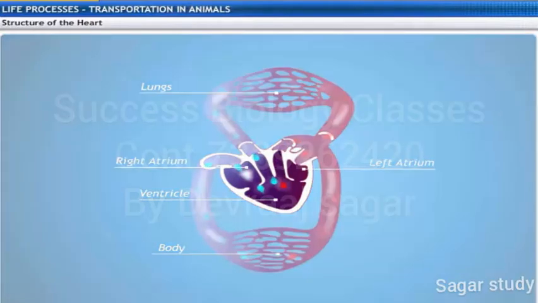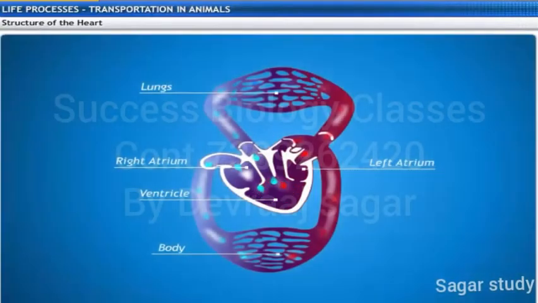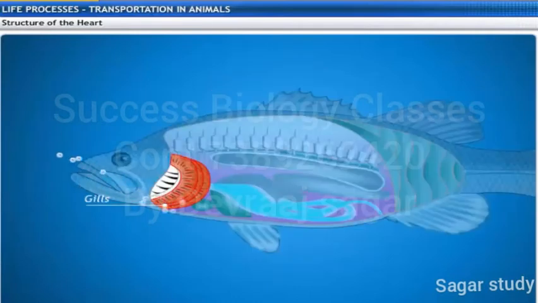The disadvantage of a three-chambered heart is that oxygenated blood mixes with deoxygenated blood as there is no mechanism to keep them separated. Although fish have a two-chambered heart, most of the oxygen required by the body is extracted by the gills.